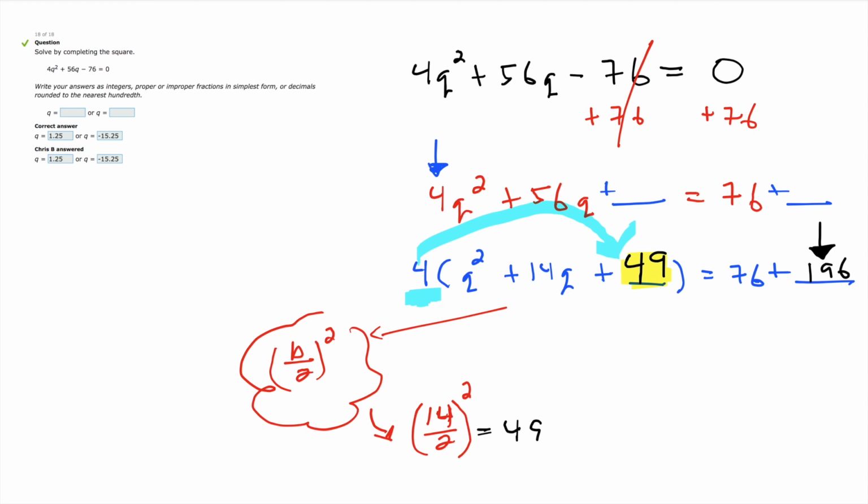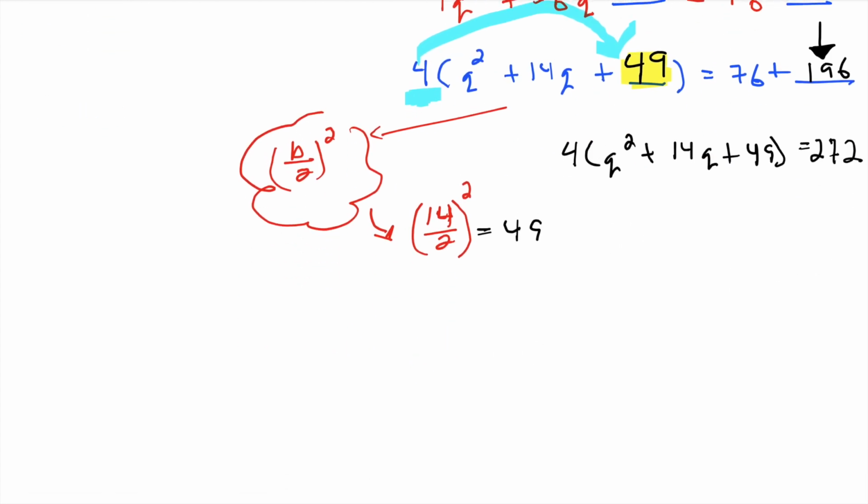All right. So now we still have this 4 on the outside. And I'll just rewrite the whole thing. So then we got q squared plus 14q plus 49 equals whatever 76 plus 196 is, which is 272. Okay.